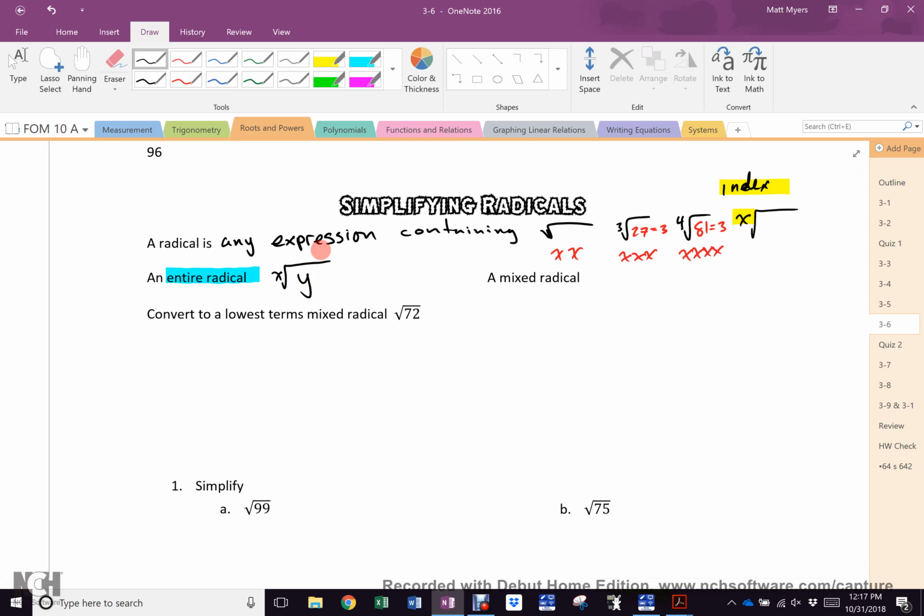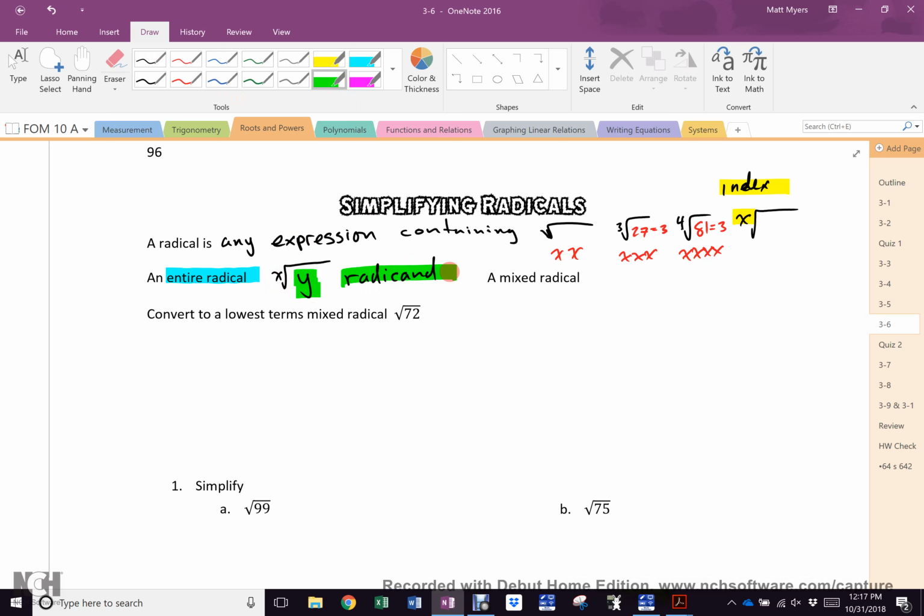It could be a coefficient and a variable with exponents. It can be any mathy thing. Everybody cool? This thing right here is called the radicand.